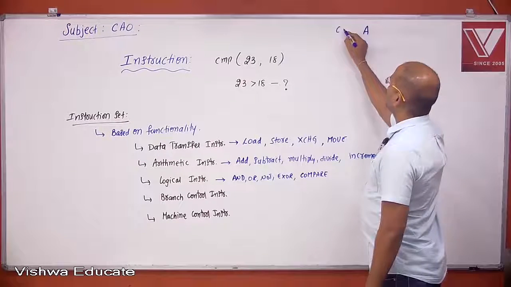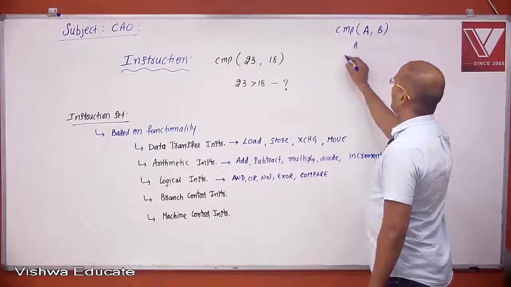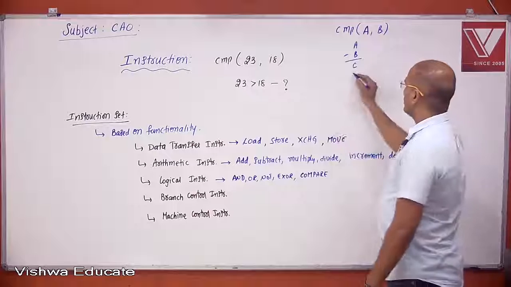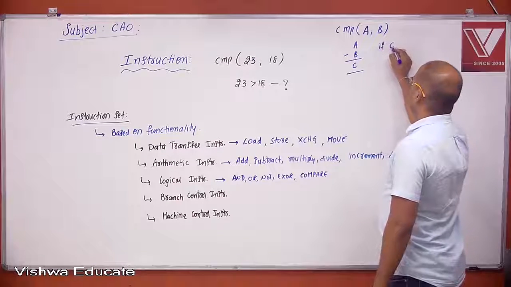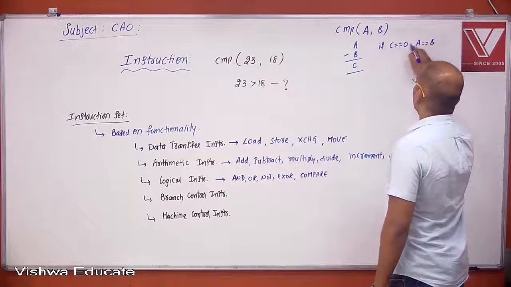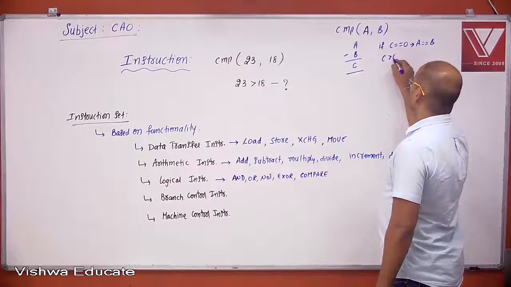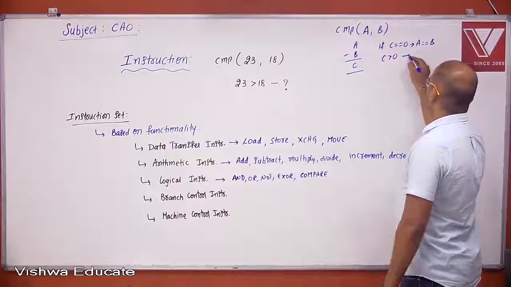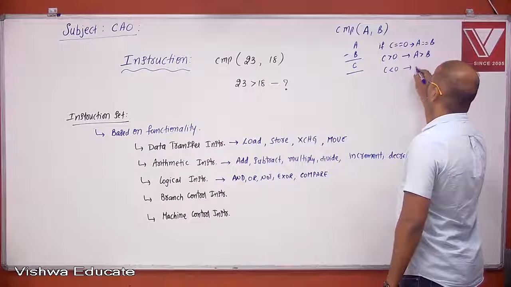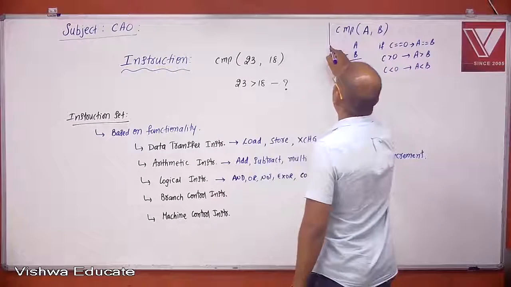If you are comparing A with B, it performs A minus B. You get C. If C is 0, then A is equal to B. If C is positive, then A is greater than B. And if C is negative, then A is less than B. So this is how it performs comparison.